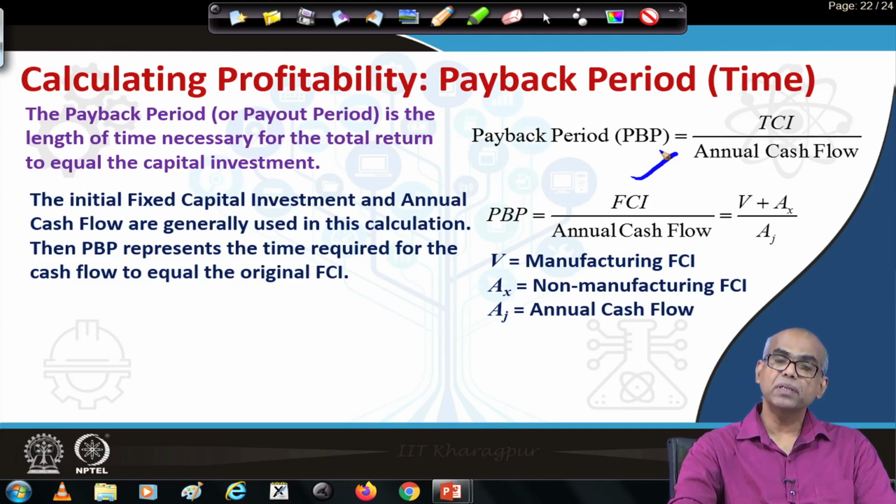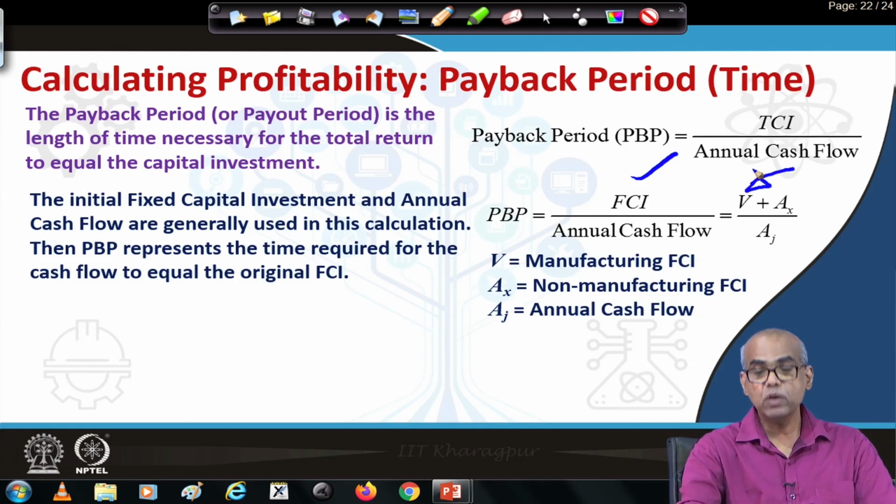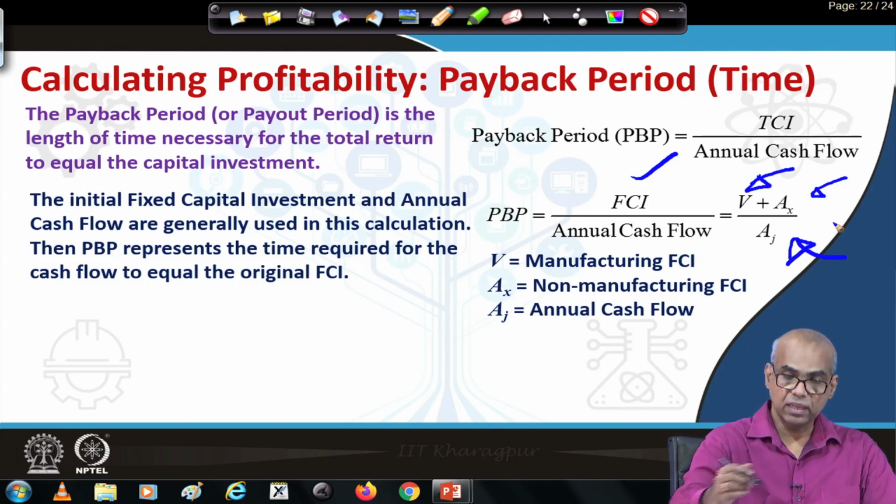Now, the fixed capital investment is the sum of manufacturing fixed capital investment B and non-manufacturing fixed capital investment AX. And let the annual cash flow be represented as AJ, the annual cash flow in the jth year.